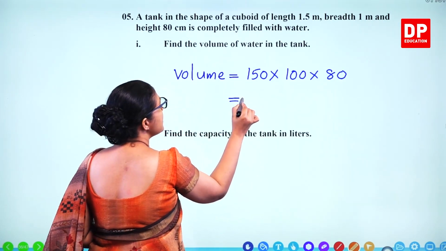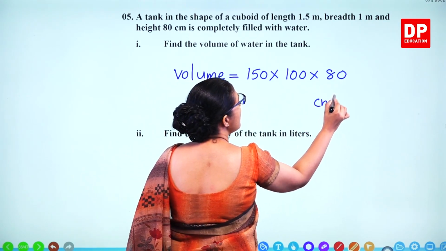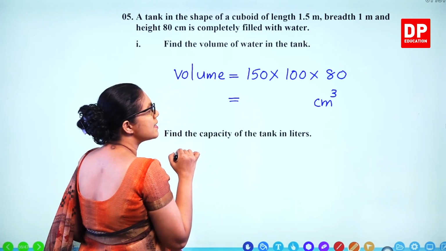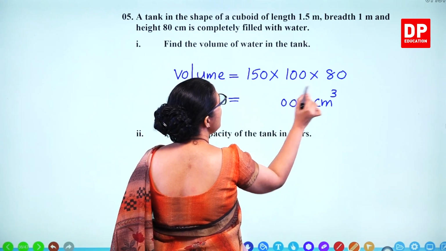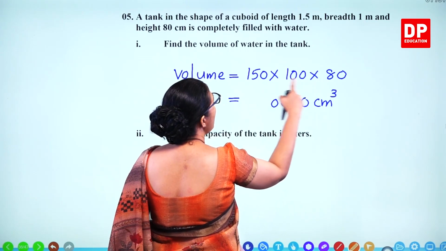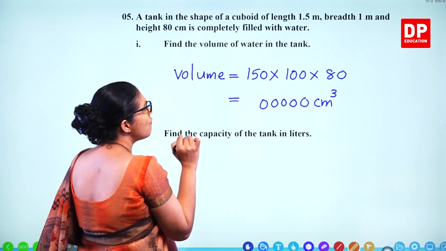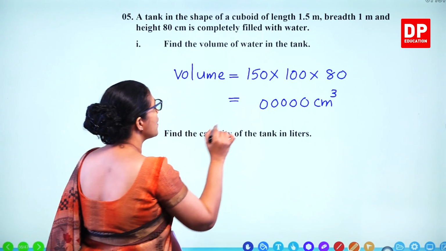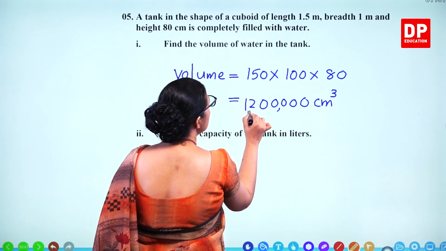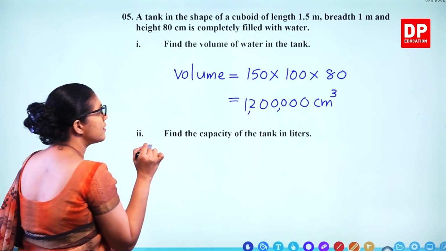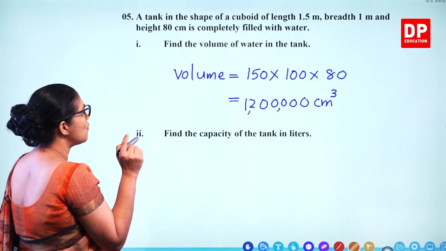So all these in centimeters. So you get the value in cubic centimeters. 1, 2, 3, 4. 8 times 5, 40. 4 remaining. 8 times 1, 8 plus 4, 12. You get 1,200,000 cubic centimeters is the volume.